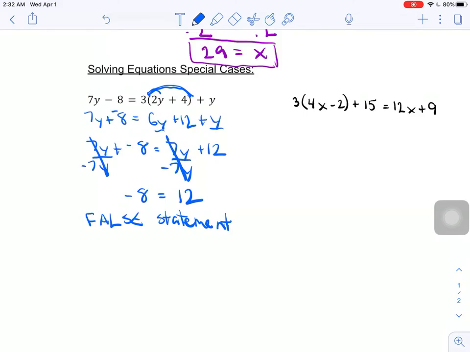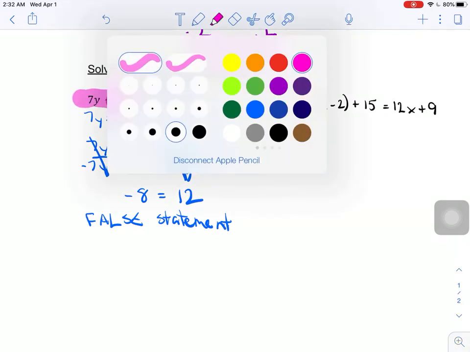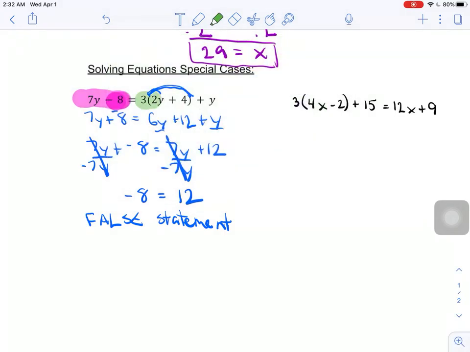So if you're solving an equation and your variables pull a vanishing act, and you are left with a numbers only false statement, what that's telling you is that these two expressions, this expression and this expression, are not actually equal.